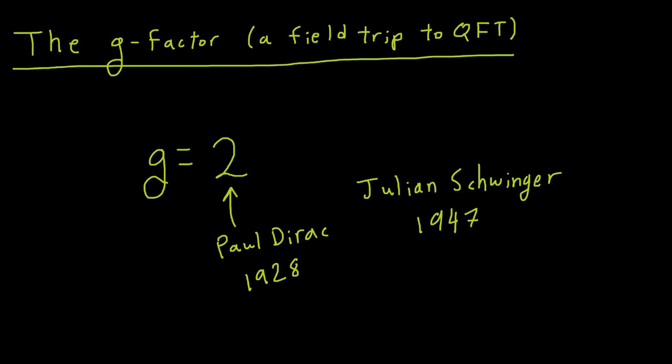And in order to explain why G isn't exactly 2, I have to say a few things about quantum field theory. Now, so far in this video, I have been talking about the magnetic field the same way you would talk about it in classical mechanics. Namely, the magnetic field is just a vector field with a different vector at each point in space. But in quantum field theory, the electromagnetic field is a much more complicated thing, and I can't really do it justice in this video.